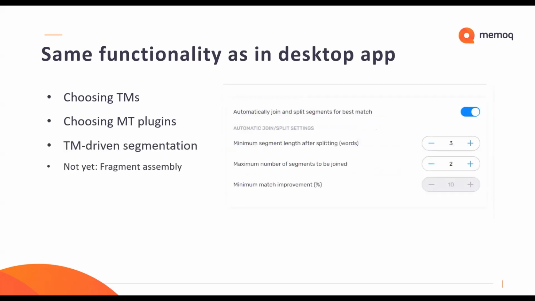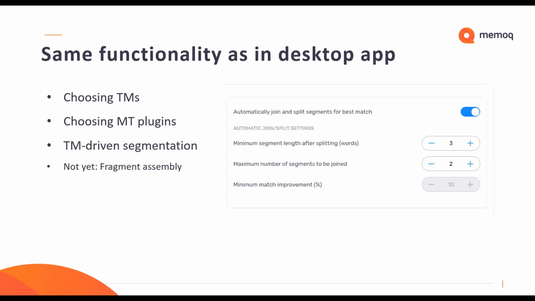TM-driven segmentation, which means when pre-translation runs, if there is no good match for a segment, then memoQ will attempt to find good matches by joining neighboring segments and also splitting segments up.